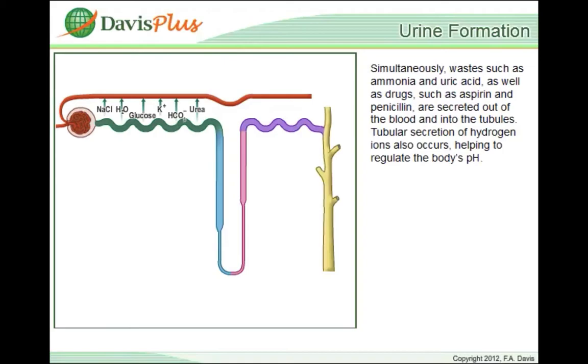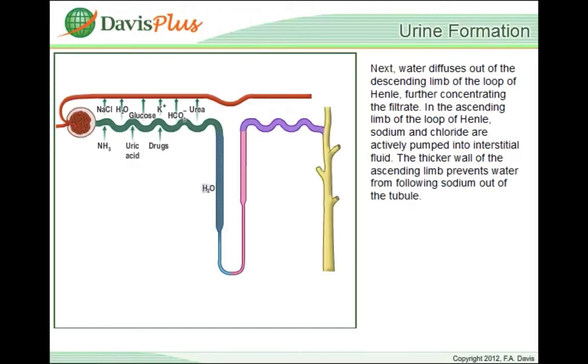Simultaneously, wastes such as ammonia and uric acid, as well as drugs such as aspirin and penicillin, are secreted out of the blood and into the tubules. Tubular secretion of hydrogen ions also occurs, helping to regulate the body's pH. Next, water diffuses out of the descending limb of the loop of Henle, further concentrating the filtrate. In the ascending limb of the loop of Henle, sodium and chloride are actively pumped into interstitial fluid.